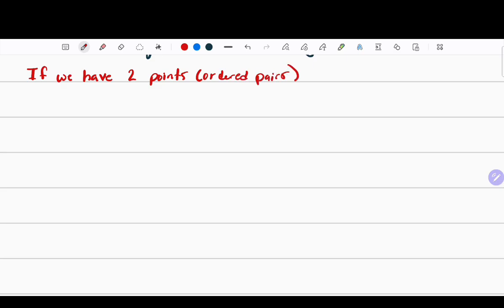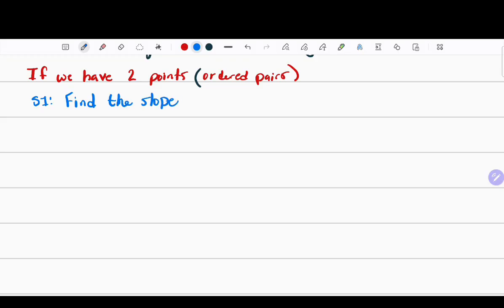If you have 2 sets of points or 2 ordered pairs, first thing that we do is find the slope.